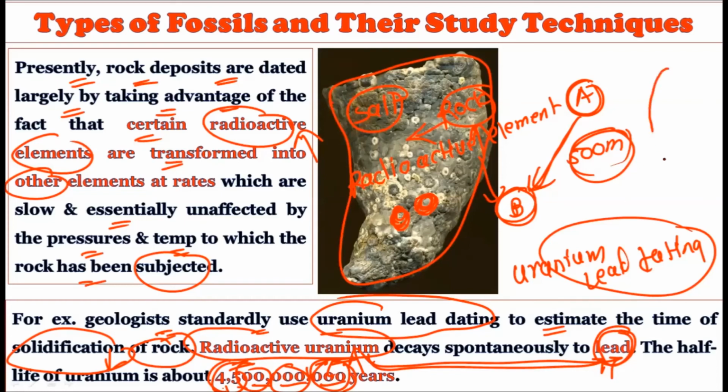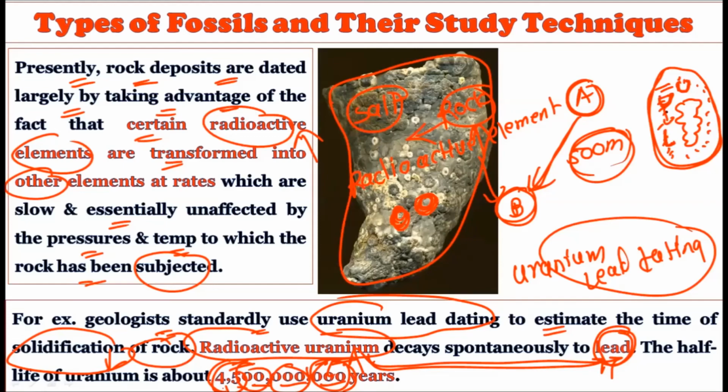So if there is a rock, and on this particular rock you have found a fossil record like this, okay. You can take a sample of this rock, and if you find the uranium on this rock, once there is a formation of uranium on this rock, this uranium will slowly get converted into the lead.